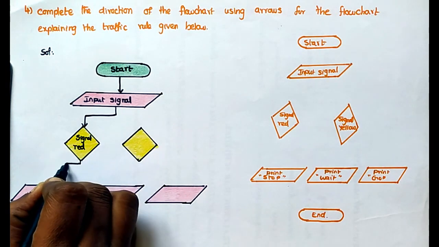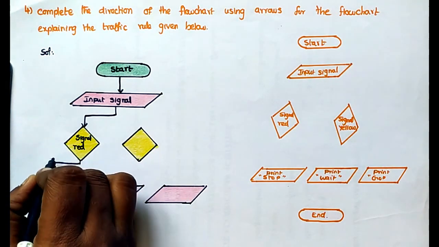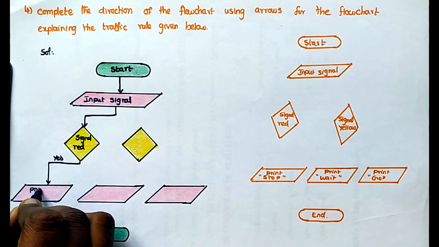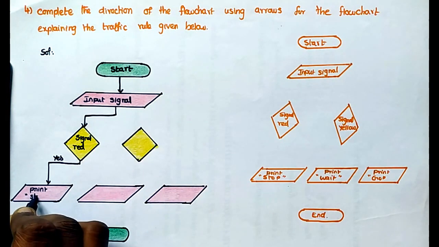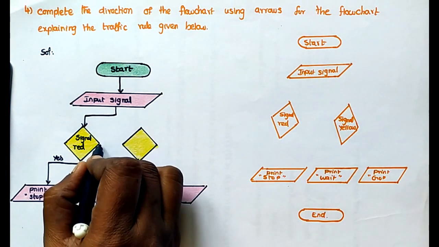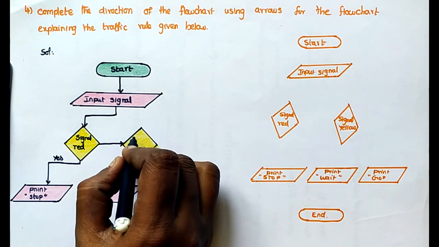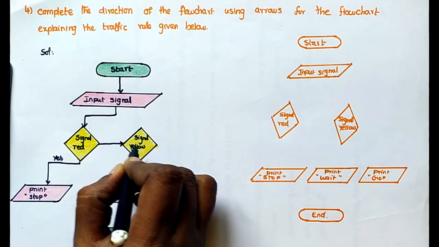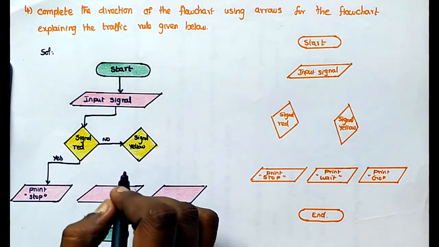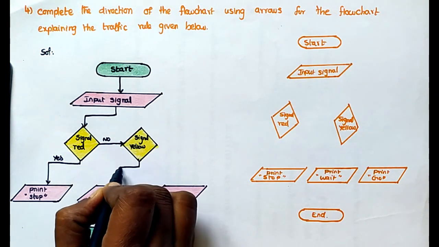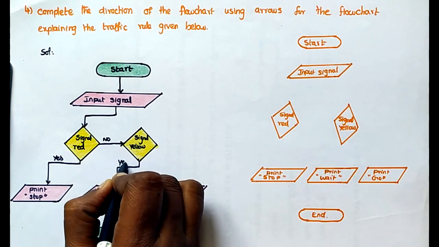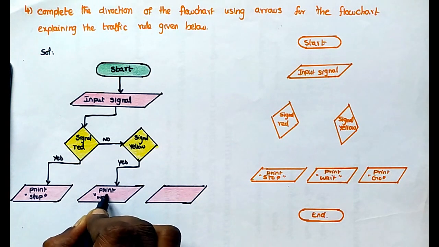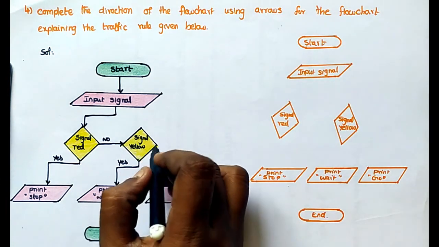It is yes means print stop. No means it goes to next signal yellow. This no means yellow. Yes means print wait. Signal yellow.